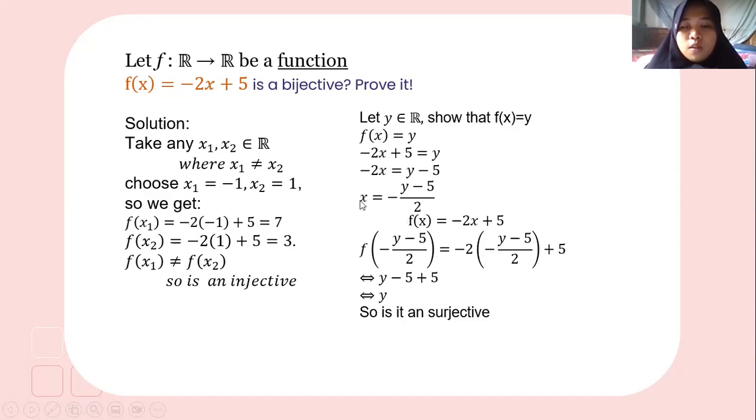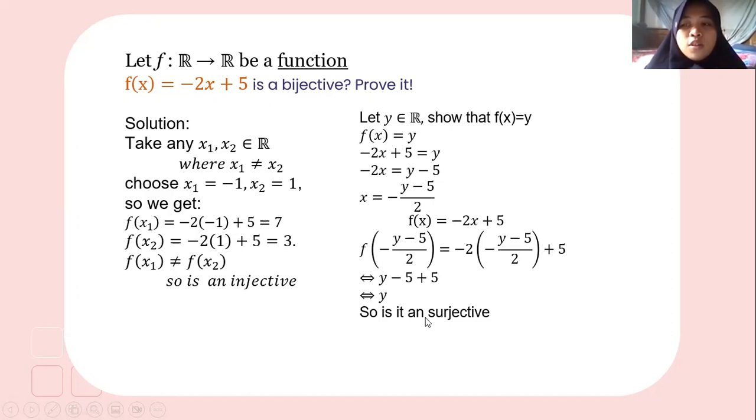This x we substitute into f(x), so we get f of negative (y minus 5) divided by 2 equals negative 2 times negative (y minus 5) divided by 2, plus 5. Since negative 2 and divided by negative 2 we can eliminate, we get y minus 5 plus 5. So we get y. So f(x) equals y. So this is proven.